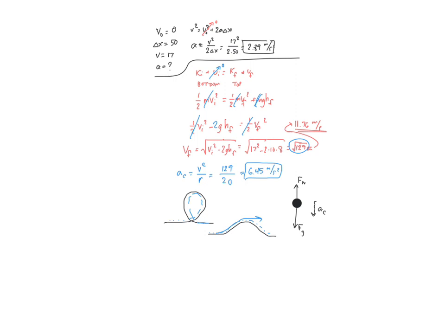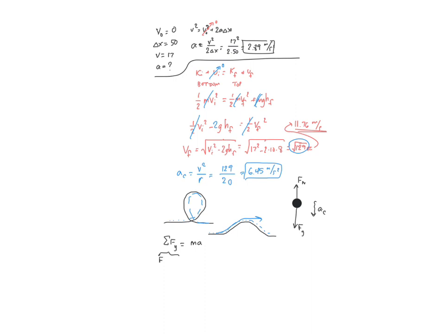So let's set up Newton's second law for this, which is net force in the y direction. Make that look like a y and not a g. Net force in the y direction is equal to the mass times the acceleration. Since the acceleration is downward, I'm going to make downward the positive direction.